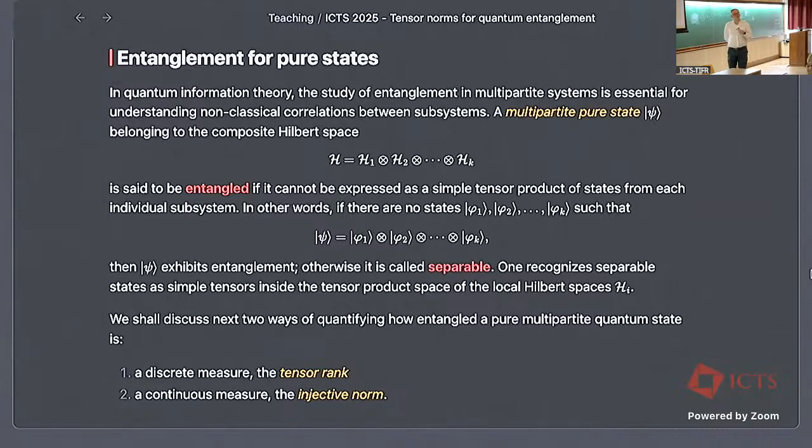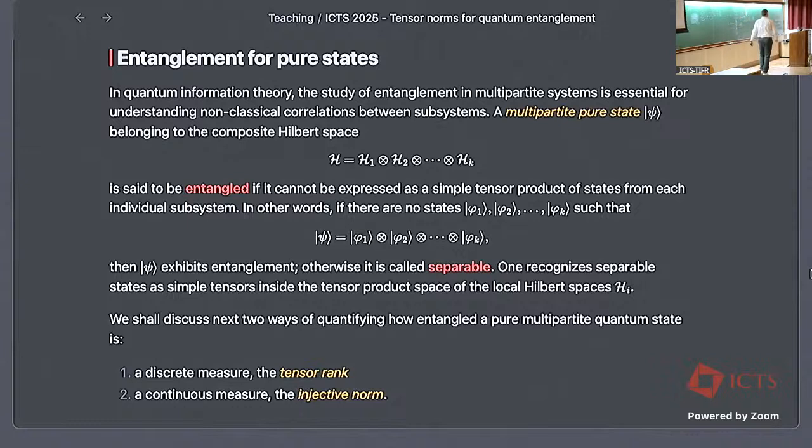Today we'll talk about two ways of doing this, two measures of non-separability. One will be discrete, integer valued: the tensor rank. And the other one will be the injective norm. This will be the first example of tensor norms we'll see.